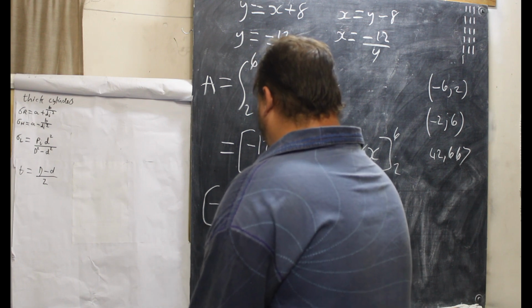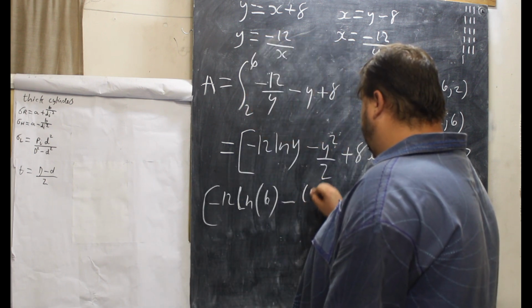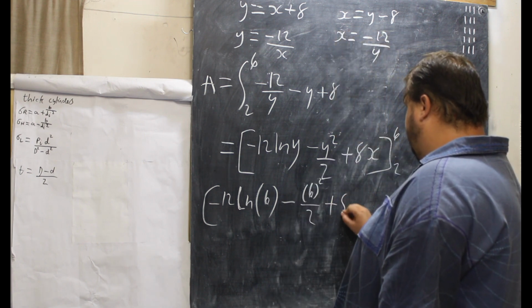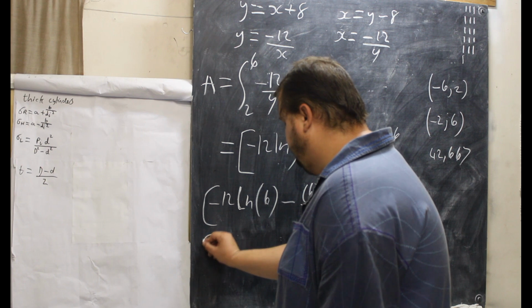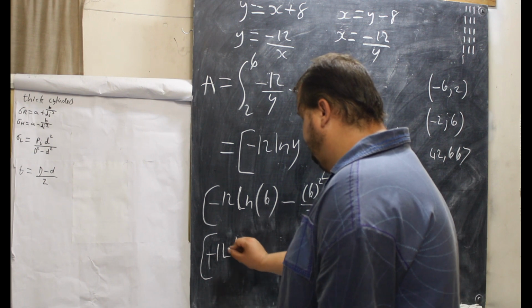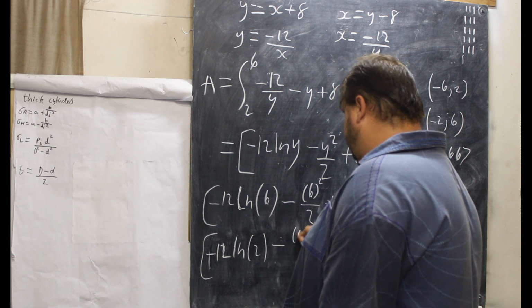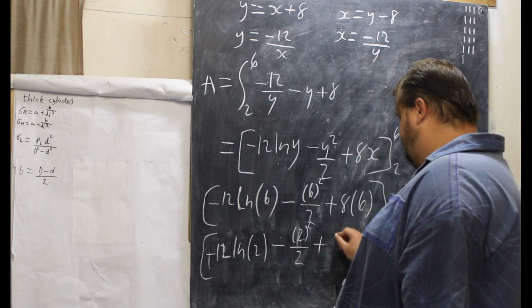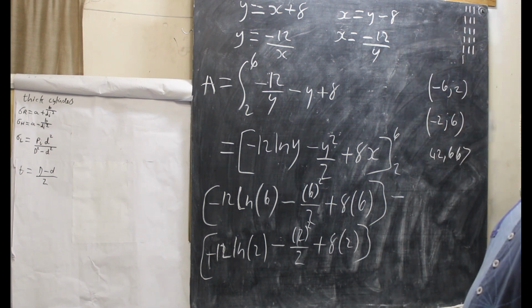Minus 12 ln 6 minus 6 squared over 2 plus 8 times 6, minus, minus 12 ln 2 minus 2 squared over 2 plus 8 times 2. And that is our sum.